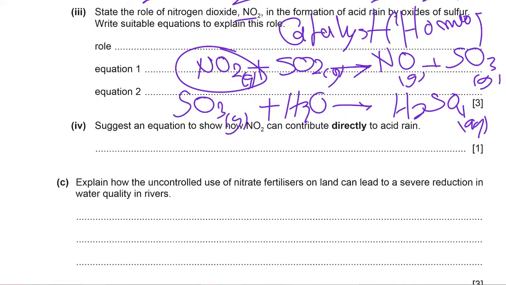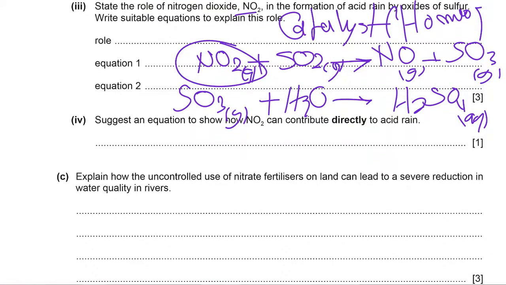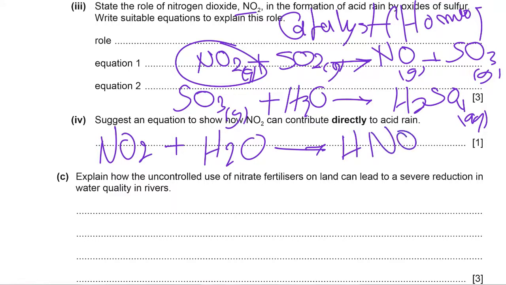Okay, so suggest an equation to show that nitrogen dioxide can contribute to acid rain. So NO2 with H2O, you will form HNO2 and HNO3.